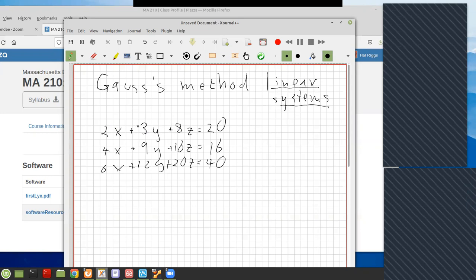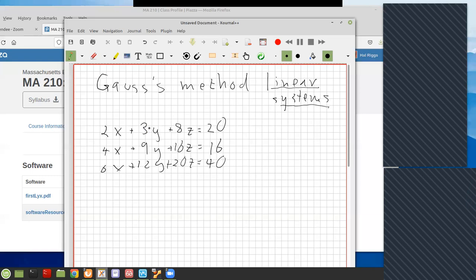Okay, and the goal is to find all the values of x, y, and z such that all 3 equations are true. Now, geometrically, each of these equations defines a plane in a 3-dimensional space, which is hard to visualize, but in the text in chapter 1, it gives you some pictures and examples of a linear system like this that shows you what the possibilities are for the 3 planes.